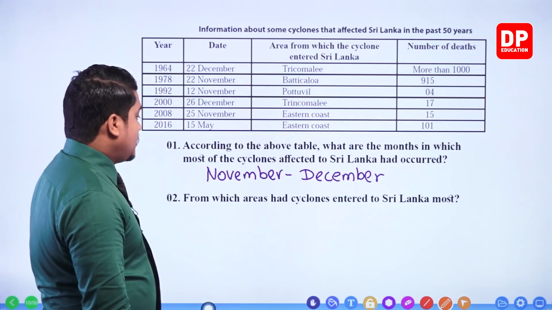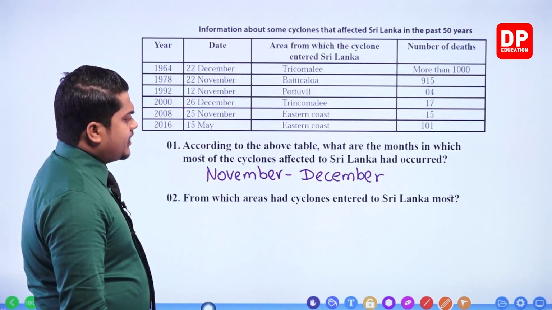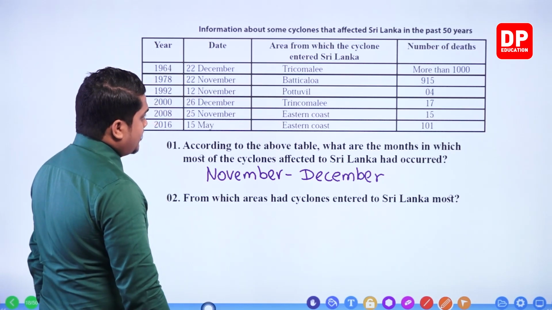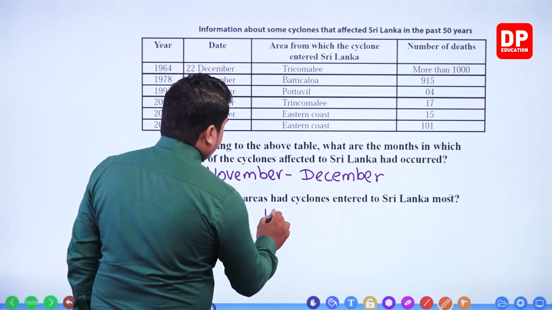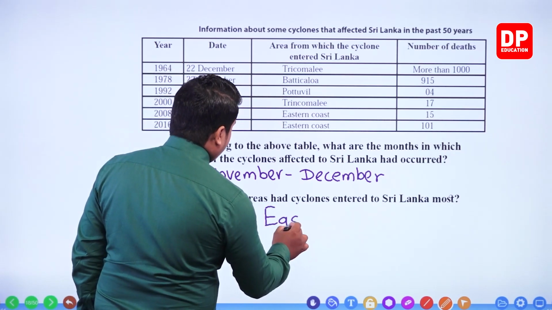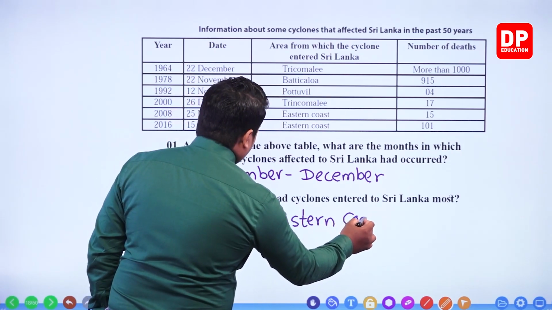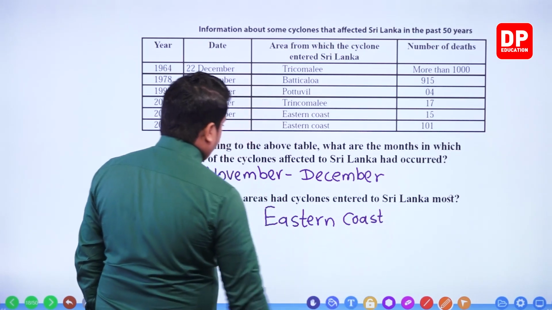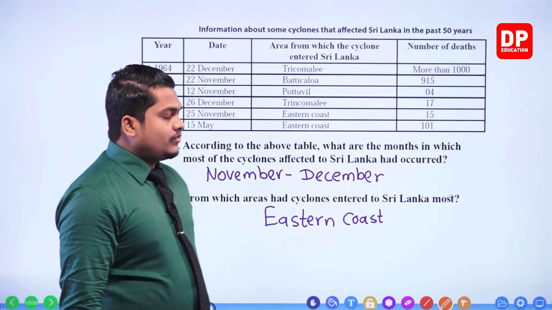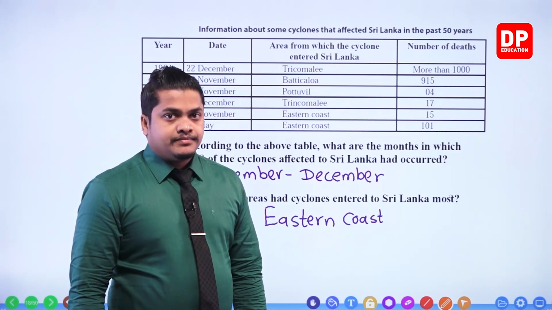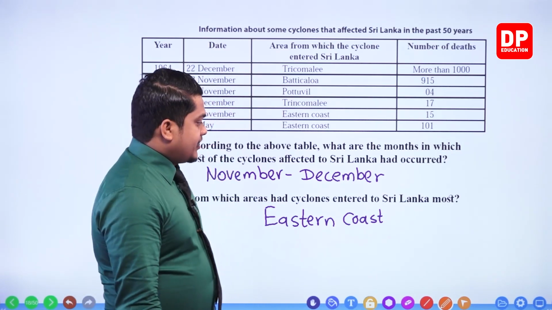Then the next one, from which areas had cyclones entered Sri Lanka? Usually they have entered from the eastern coast, right? Okay, right, my dear children.